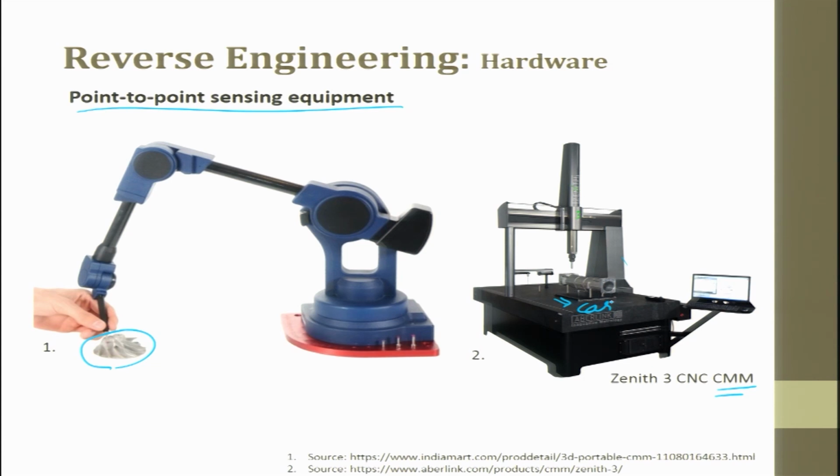What is the big advantage of this compared to the normal conventional measuring instruments? You get all the data points with respect to one reference. So, the best part of CMM is all points are acquired with respect to one reference point.